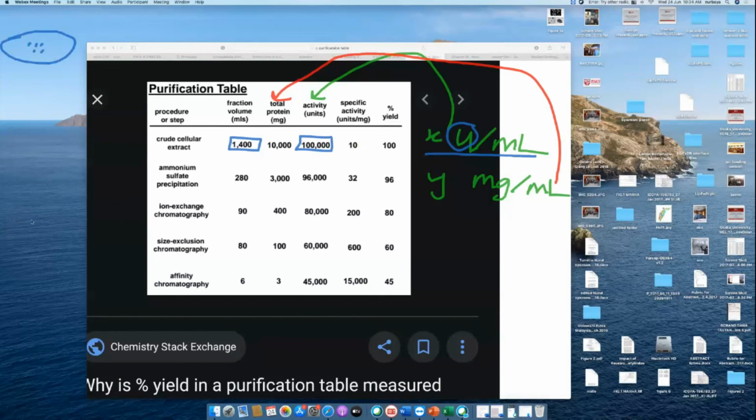After you have done the purification, this is still 1 milligram, but inside this, you have 15,000.